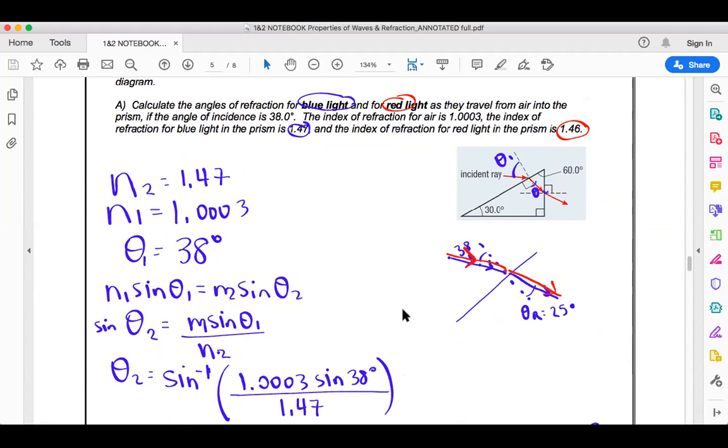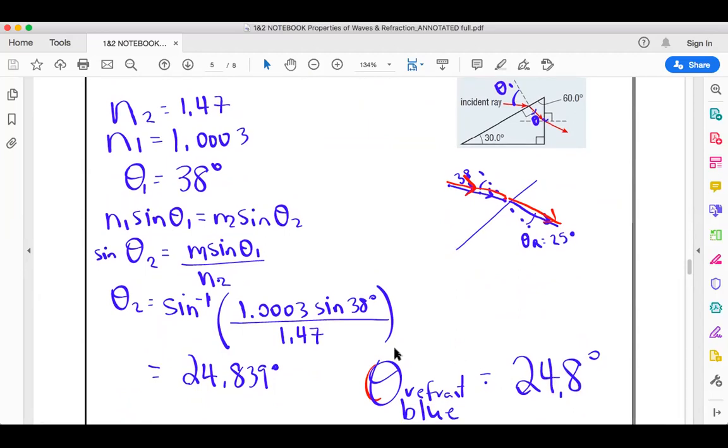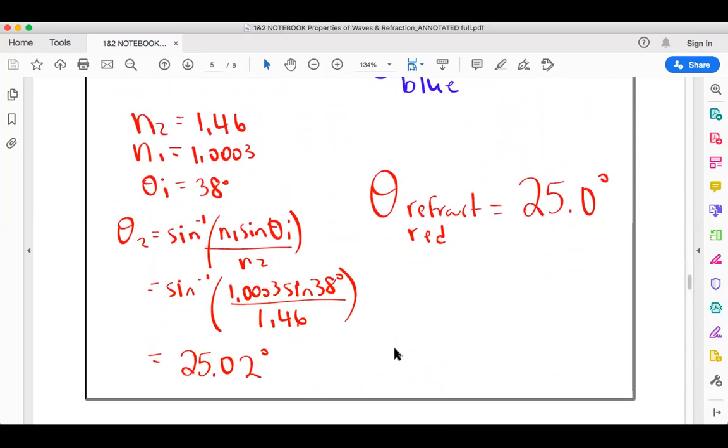So we calculate that the angle of refraction for blue light is 25 degrees. Now we do the same thing for red light, and the only difference is we substitute in the index of refraction for red light, and it's also 25 degrees.